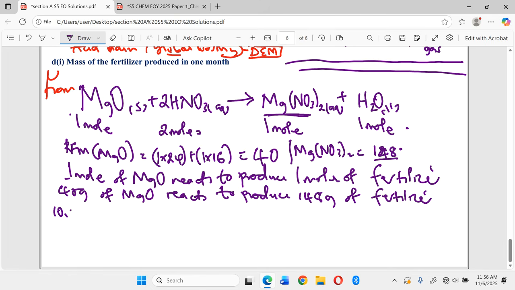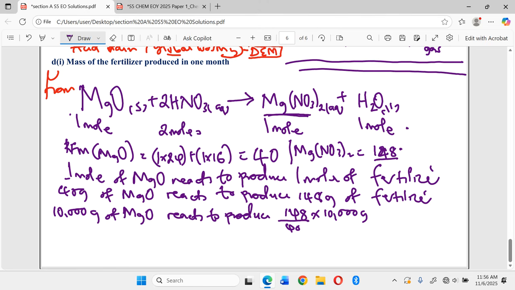Now what about the 10 kilograms? It will become the 10,000 grams of magnesium oxide. It reacts to produce 148 over 40 times 10,000 grams, which will equal to 37 kg of fertilizer.